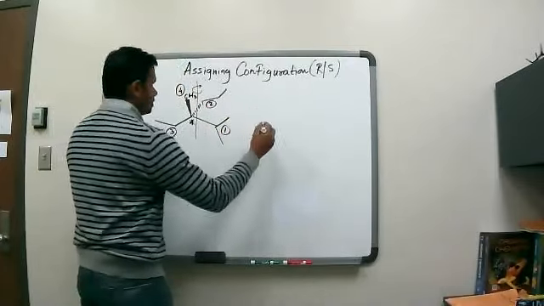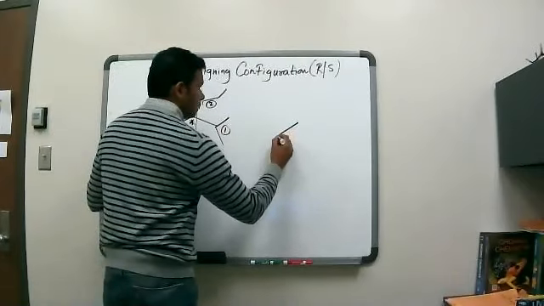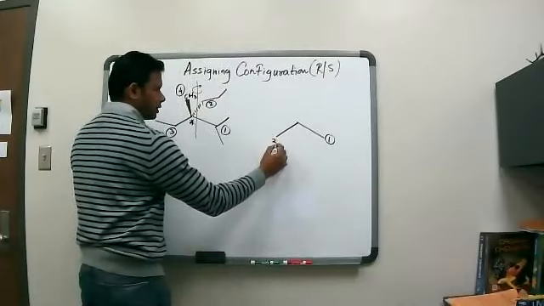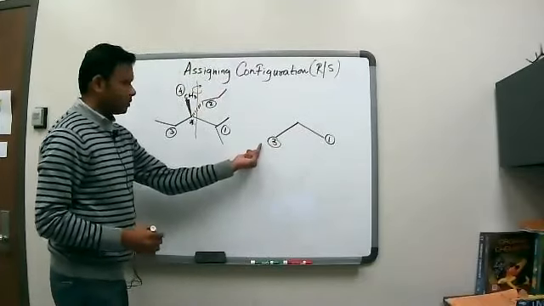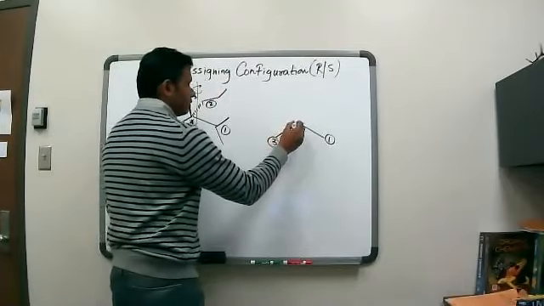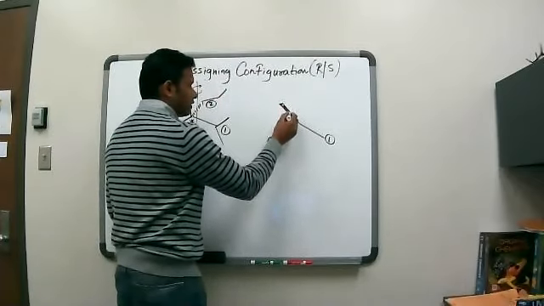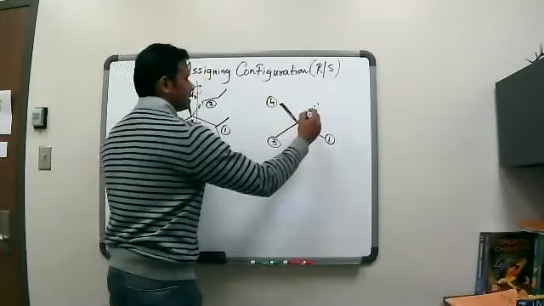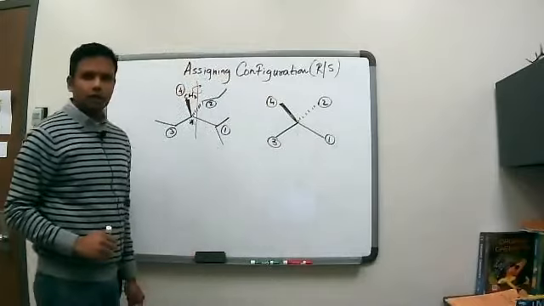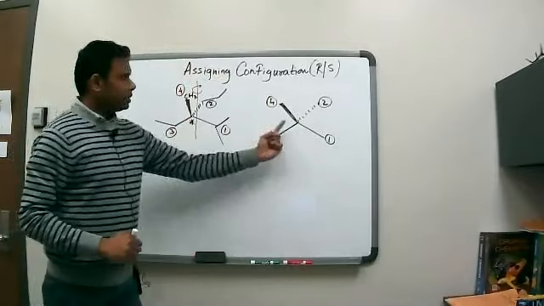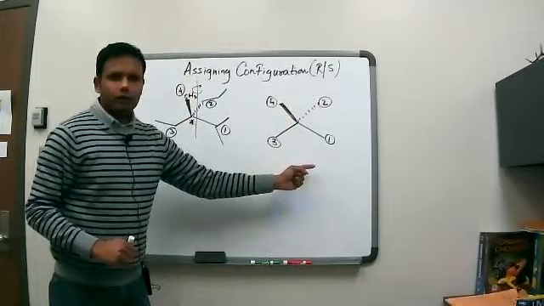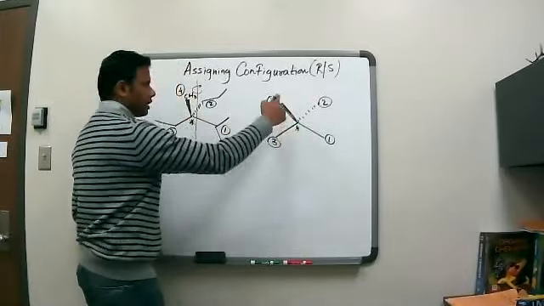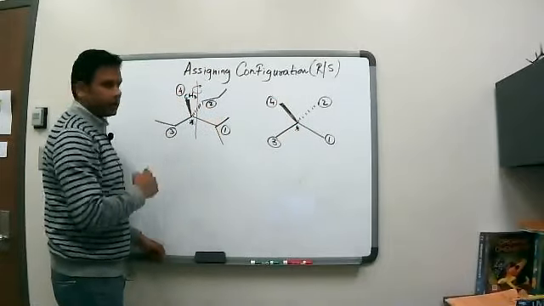What we are looking at here is a scenario like this: the highest priority group on our right, the third priority group on our left, the lowest priority group on the wedge, and the second highest priority group on the dash. That's the arrangement we have in terms of priorities here.